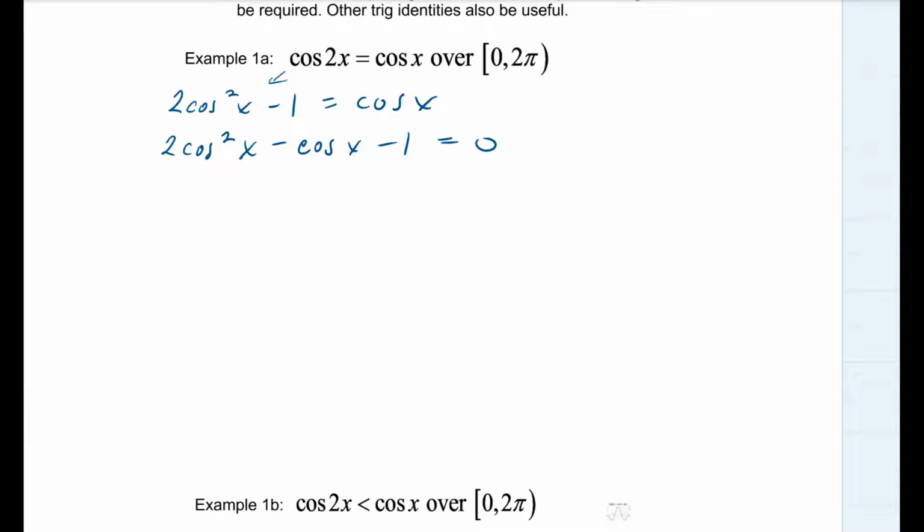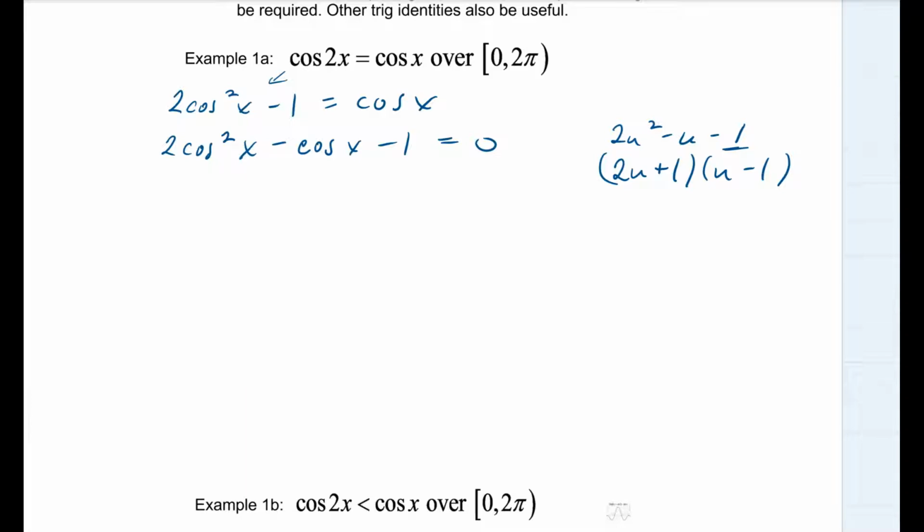And then we would get 2u squared minus u minus 1. And we could do a quick guess and check factoring on this because minus 1 is such a simple number to have on the end here. It's only got 2 factors, 1 and negative 1.